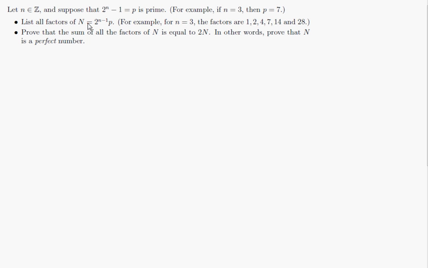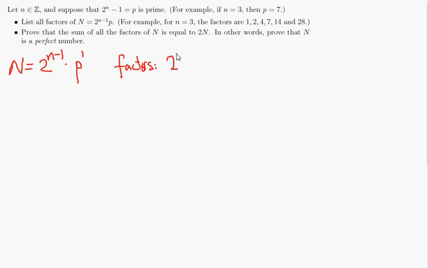The first part is to list out all the factors of 2 to the n minus 1 times p. So capital N is equal to 2 to the n minus 1 times p to the first. And so by one of the theorems we have from class, the factors are going to be everything that's a power of 2 times a power of p.